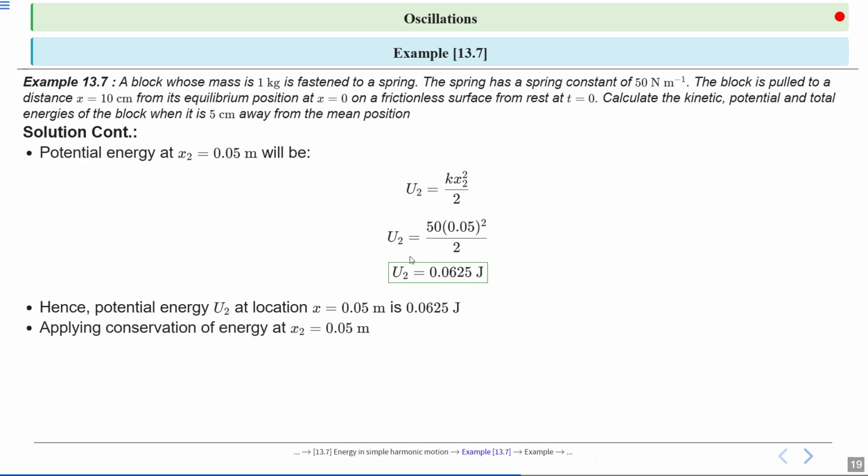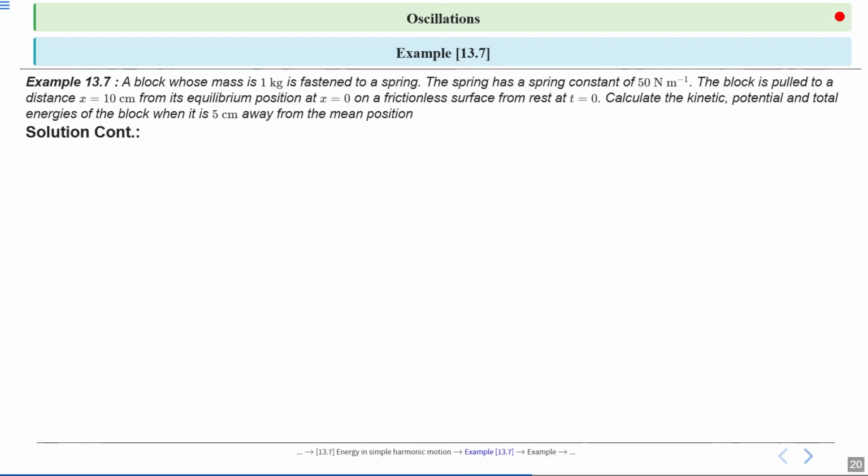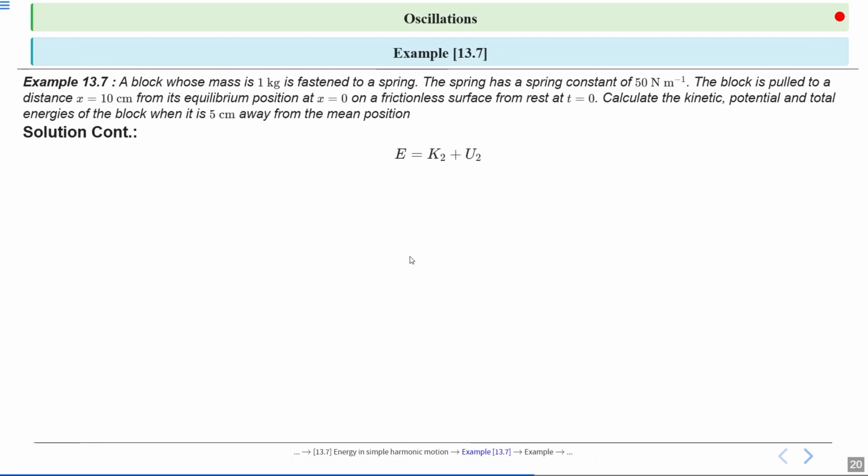Applying conservation of energy at x2 equal to 0.05 meter. So E is equal to K2 plus U2. The total energy is 0.25 joules, and the potential energy at x equal to 0.05 meters, U2, is 0.0625 joules.